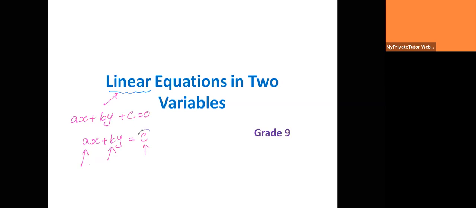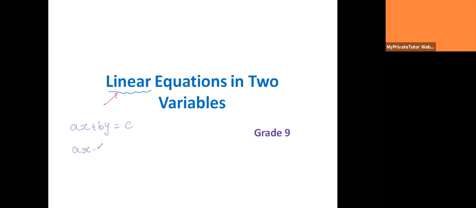C can be 0, but not a and b, because if a is 0, then 0 times x becomes 0, and then we won't get two variables. So that might not be a linear equation in that sense. I hope you understand what a linear equation is, generally in the form ax plus by equals c.